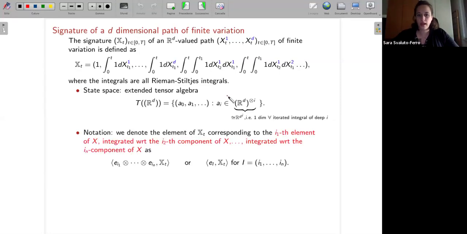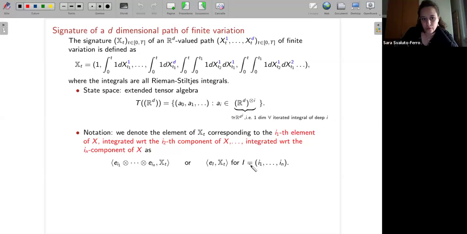Now, notation. We do need to access components of the signature. We do it exactly as before. We save in a vector I, i1 to in, the components of our path that we integrate, in the order that we specify.